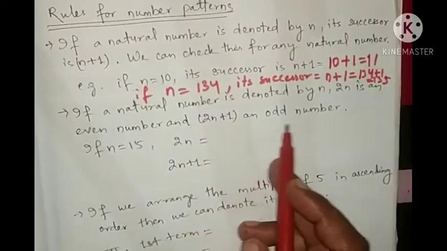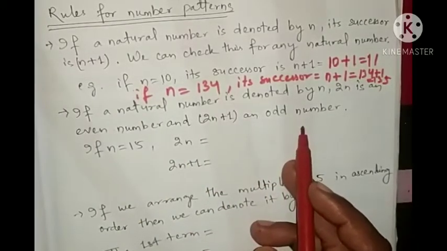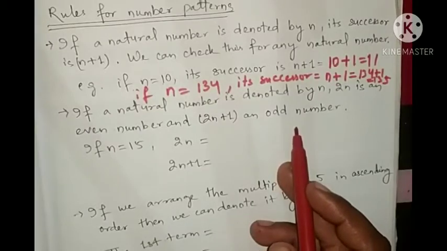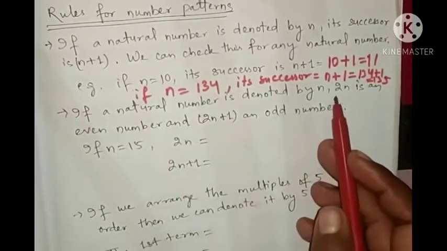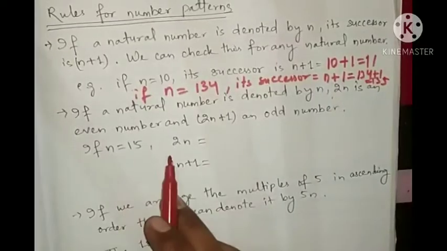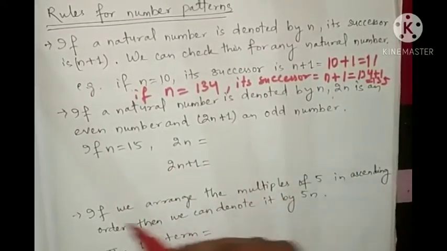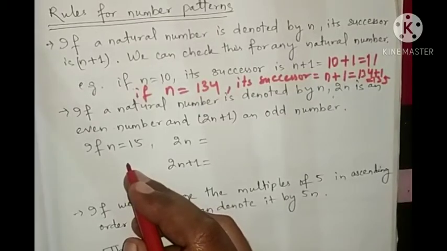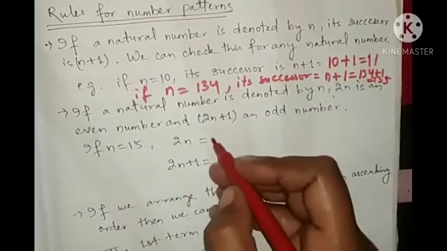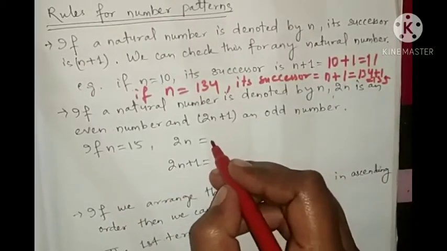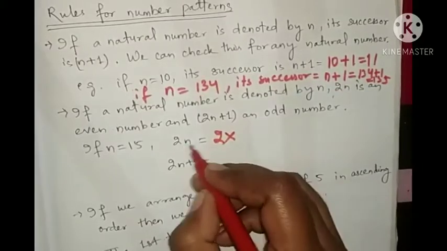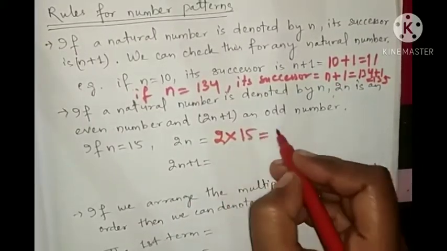Next you see, if a natural number is denoted by n, then 2n is an even number and 2n plus 1 is an odd number. So for an even number we take 2n, but for an odd number 2n plus 1. If n equals 15, we can find the even number: 2 into n, meaning 2 into 15, equals 30.